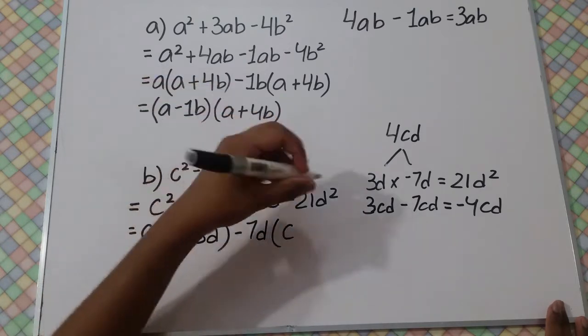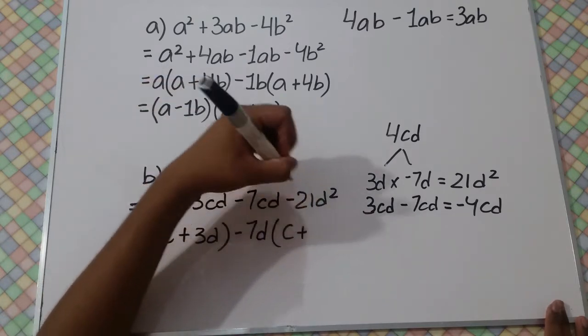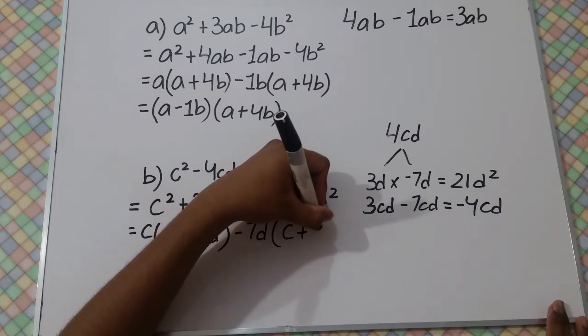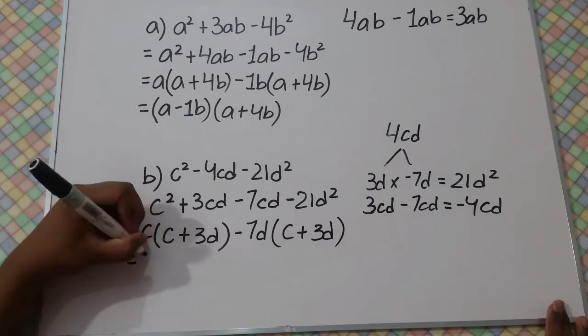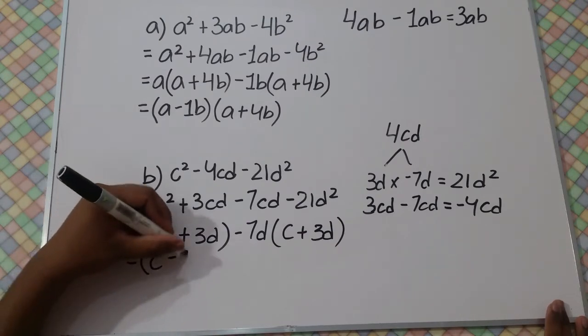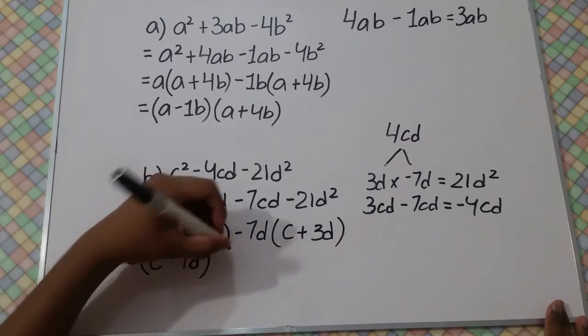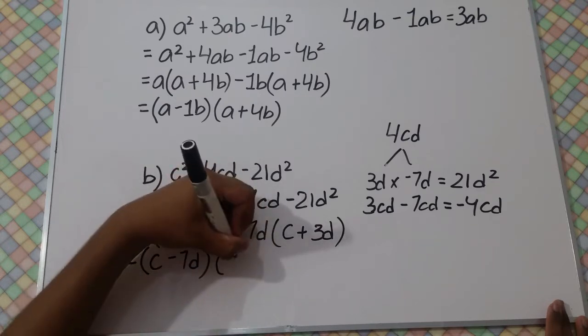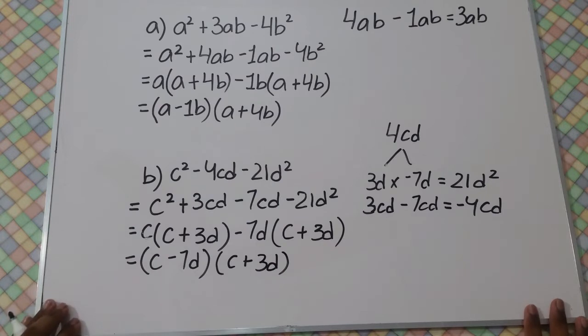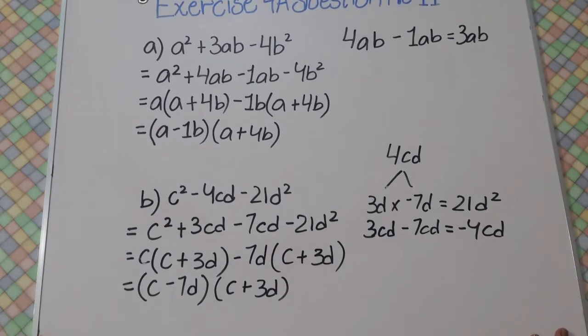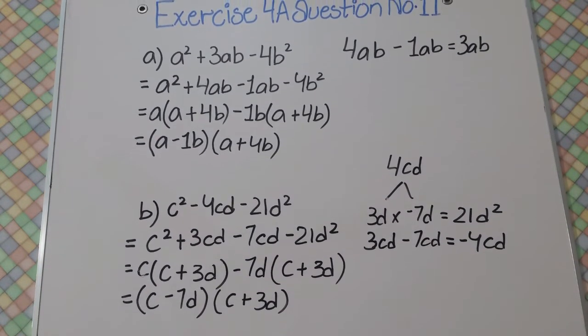Then c, minus minus is plus, and then it is 3d again. Now one time we are going to write c minus 7d and the other time c plus 3d. So this was part A and part B of exercise 4a question number 11.